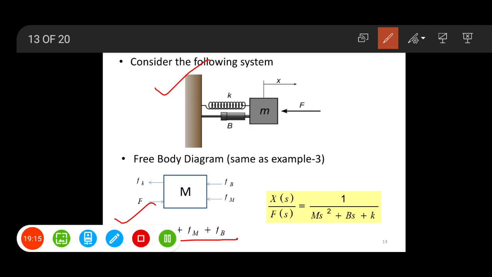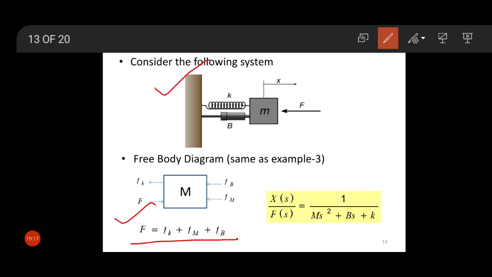Now if we apply the Laplace transform on both sides of this equation, considering all initial conditions 0, that means if we write Fk, Fm, Fb in terms of displacement and then apply the Laplace transform, we find this equation.